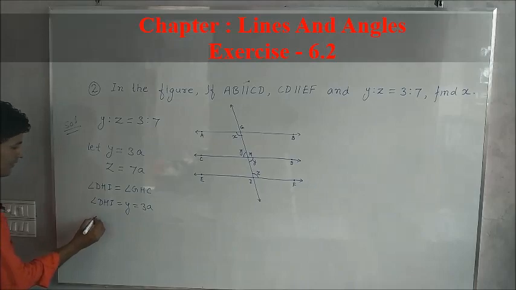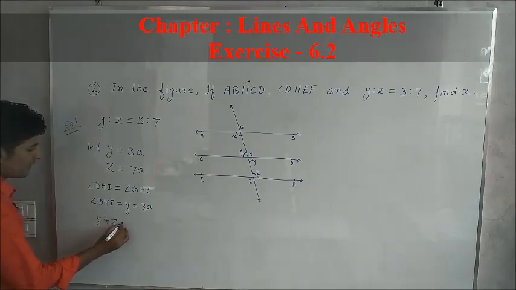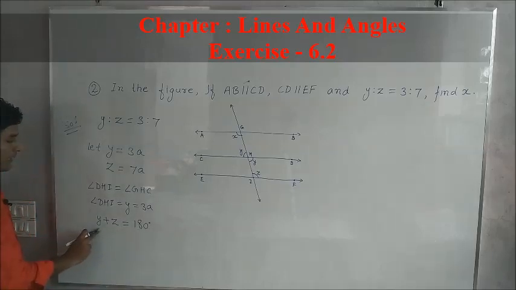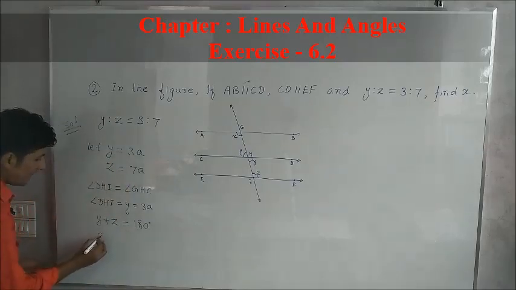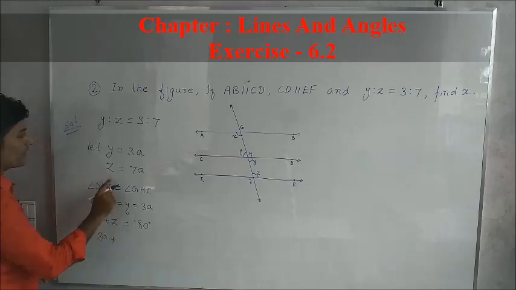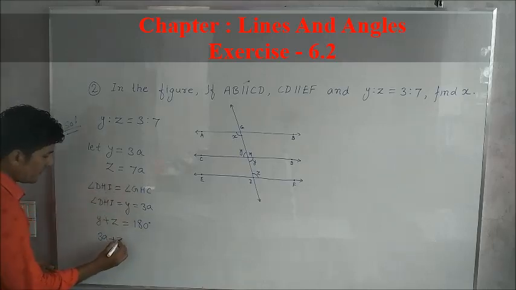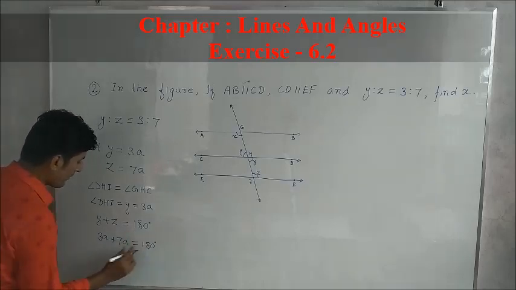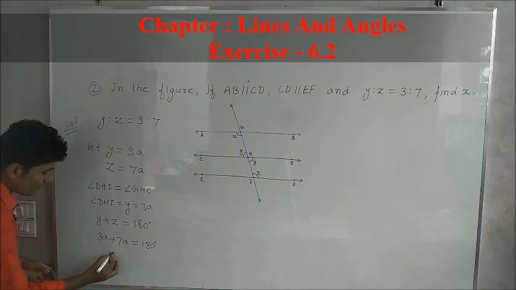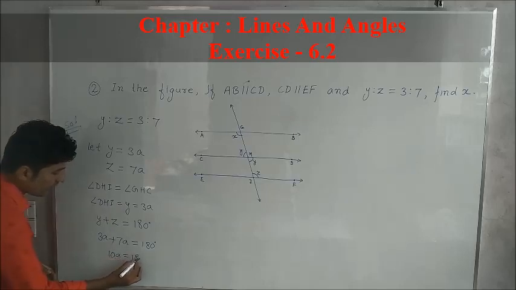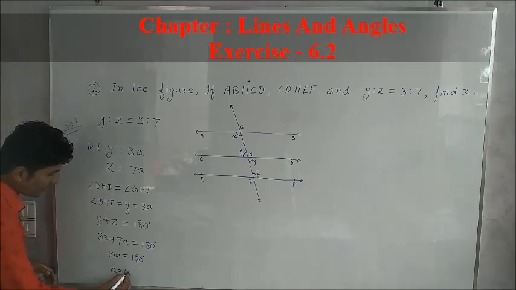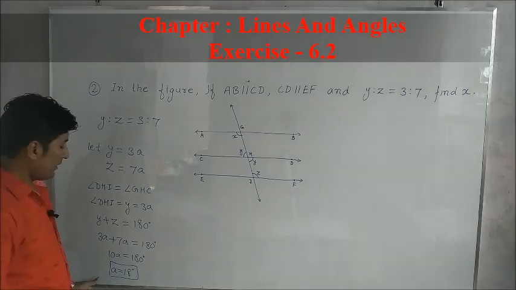So here we can write angle Y plus Z is equal to 180 degrees. The measurement of Y is 3A, so we write 3A plus Z. The measurement of angle Z is 7A, so we write 7A equals 180 degrees. 3A plus 7A equals 10A equals 180 degrees. So the value of A will be equal to 18 degrees. Now we got the value of A.